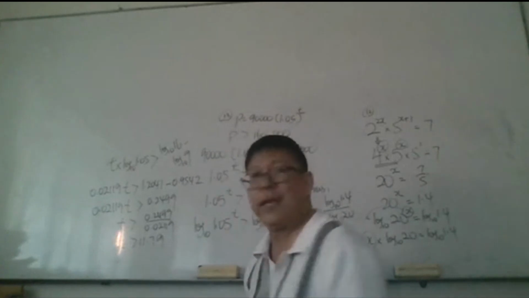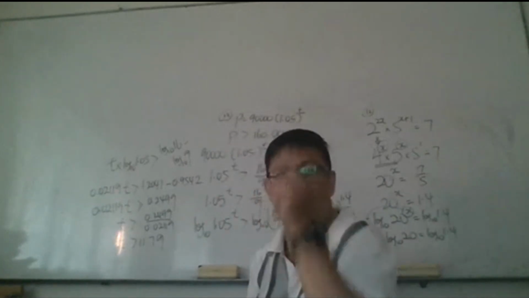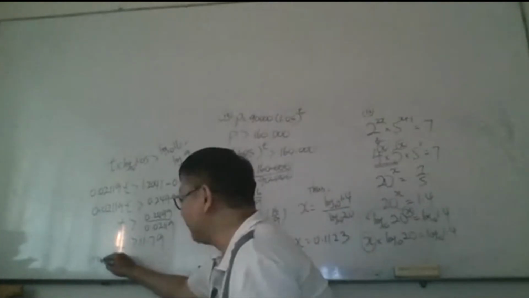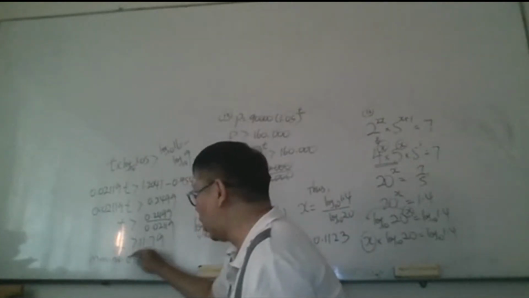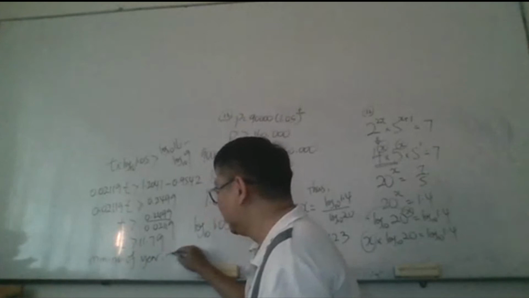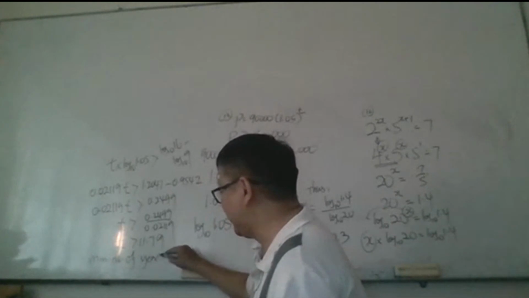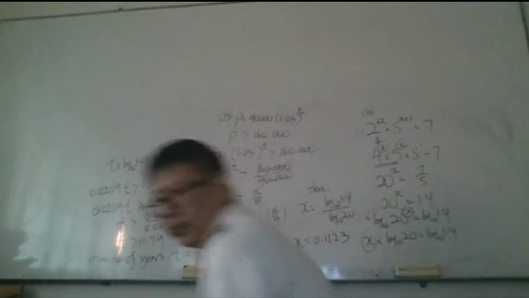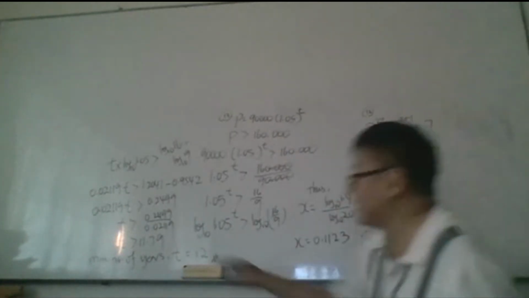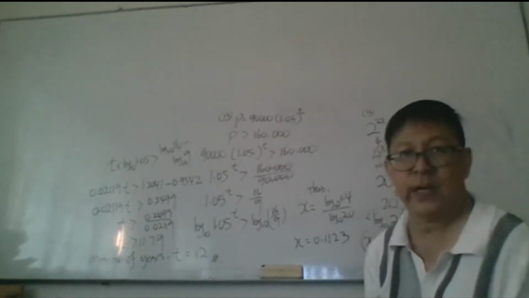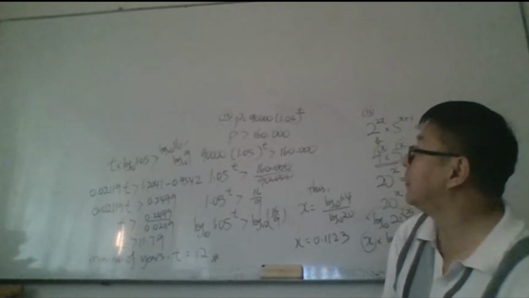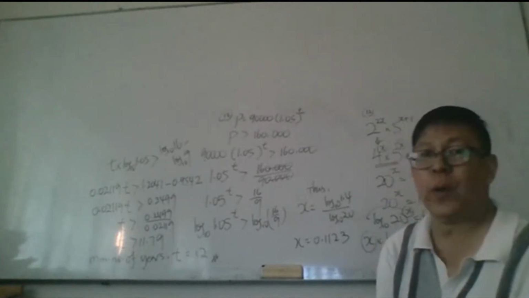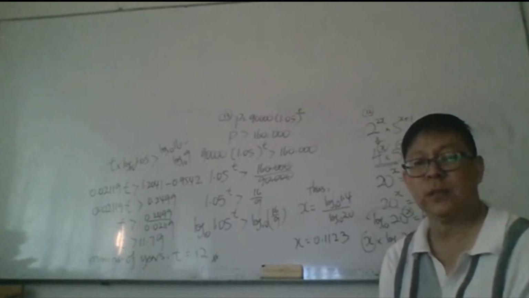If T is more than 11, T can be 12, 13, 14. But the minimum number of years, T will be 12. So it means that after 12 years, the house value will be more than 160,000.